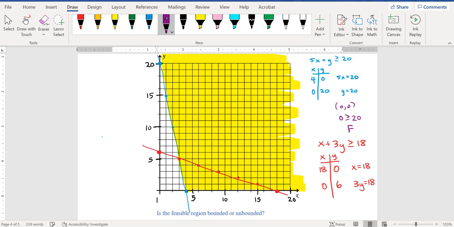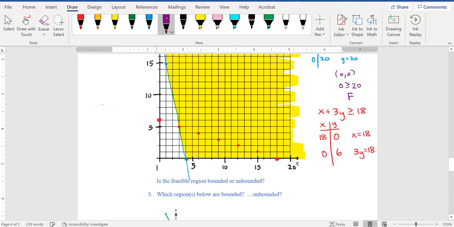Now if I do a test point 0, 0, zero bigger than or equal to 18 is false. For this one, I want to shade this way.